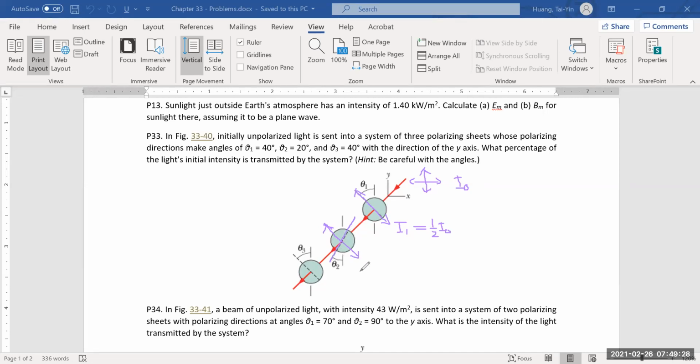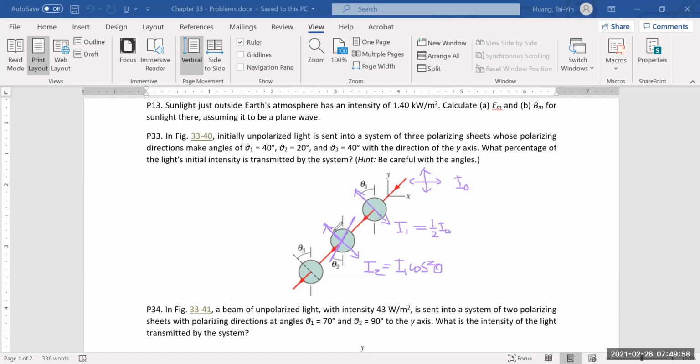So we know by Malus's law that the intensity I2 would be I1 times cosine theta squared. And that theta refers to the angle between the polarizing axis, which is this one, and the light that's sent through the second polarizer, which is this one.